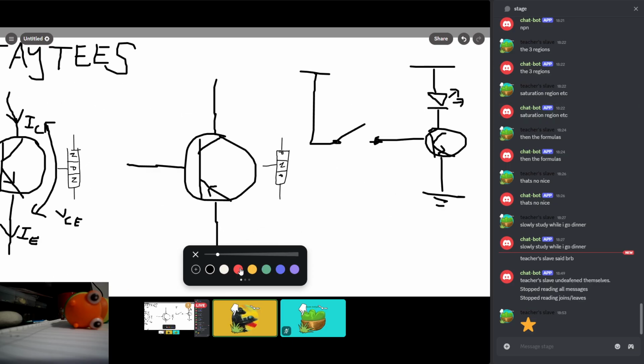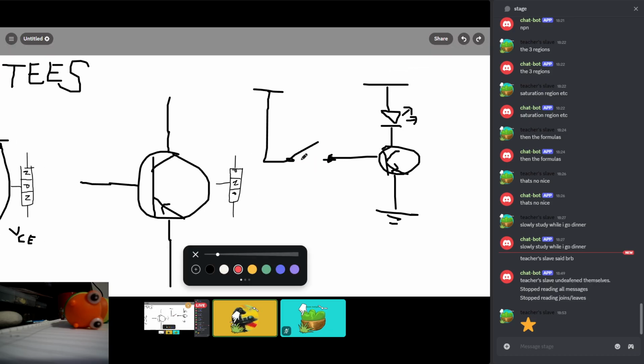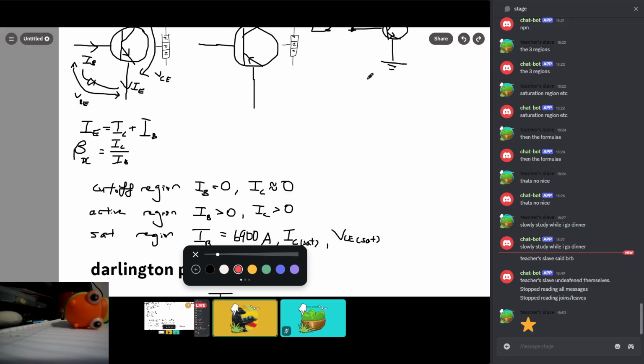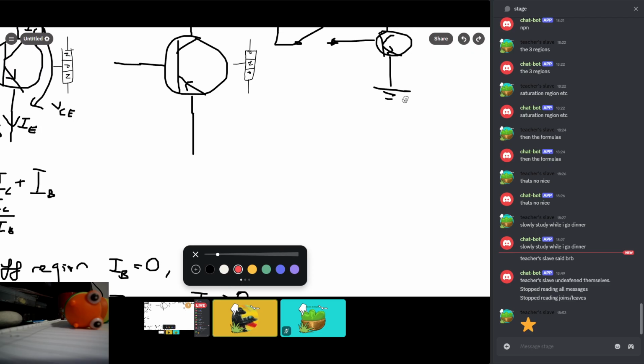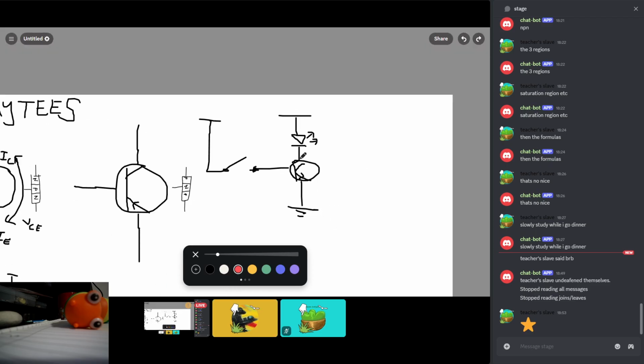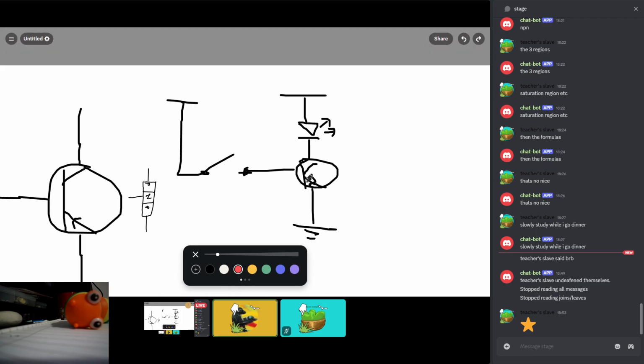So when this switch is open, IB is 0, and when IB is 0, the transistor will be in the cut-off region. So IC will be 0. This would act as an open circuit, so the LED won't turn on.